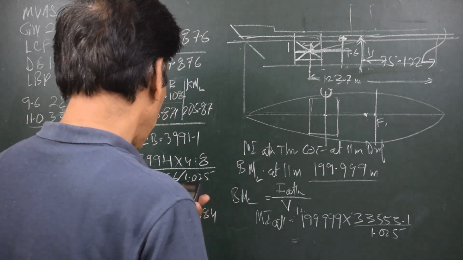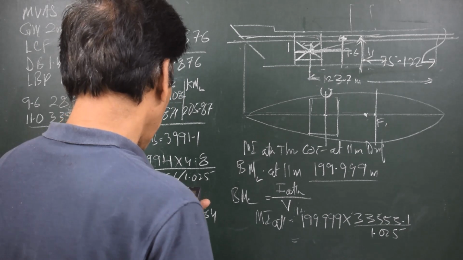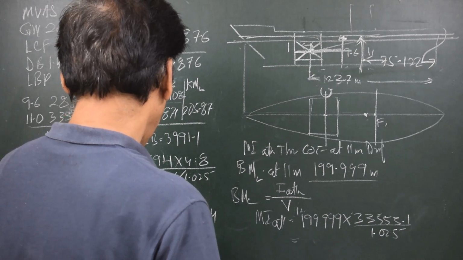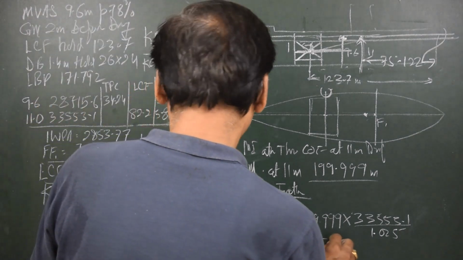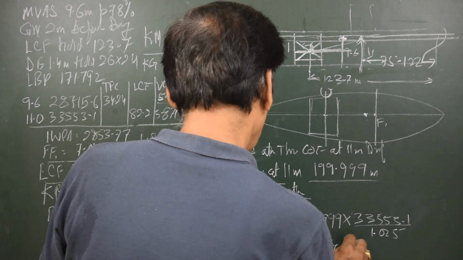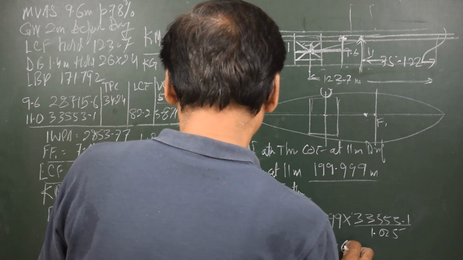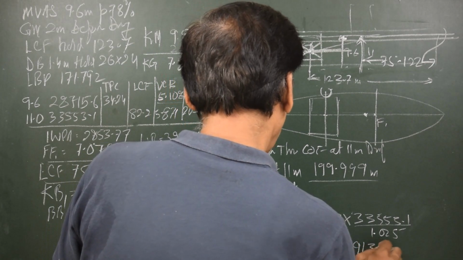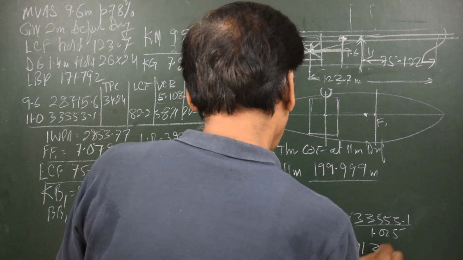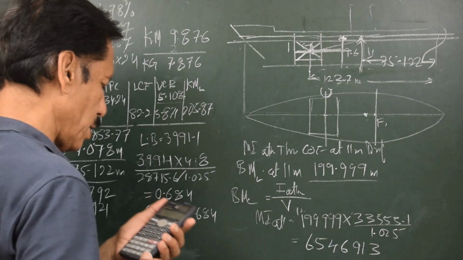That gives me 6546913. So I don't want to consider the digits after decimal.